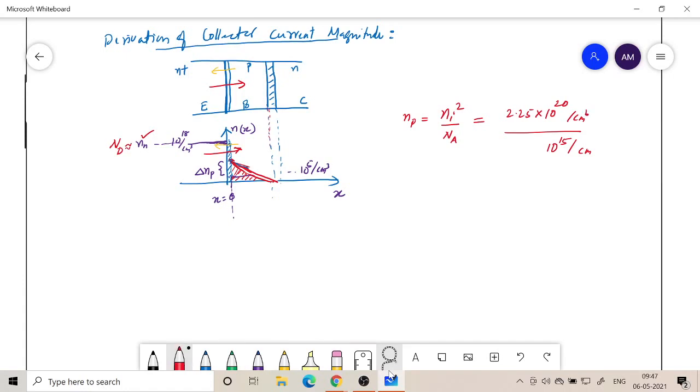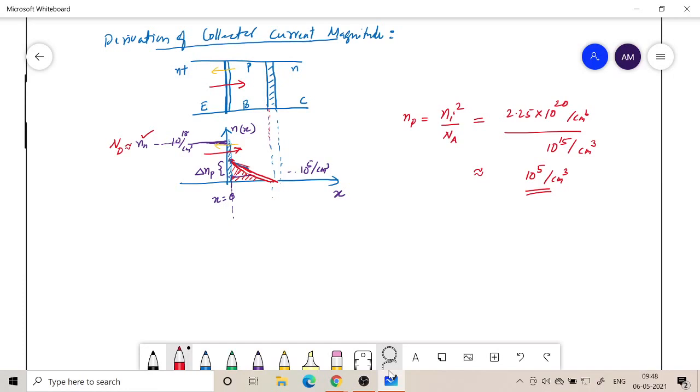Ni is basically per centimeter cube, and Ni square is per centimeter raised to 6, and this will be per centimeter cube. So there will be a cancellation, and roughly it is of the order of 10 raised to 5 per centimeter cube. This is very, very small compared to 10 raised to 18.